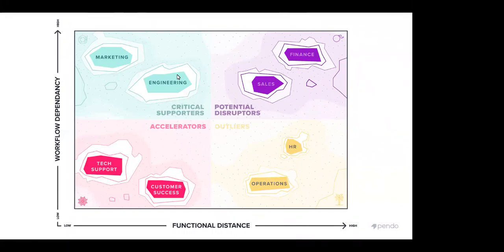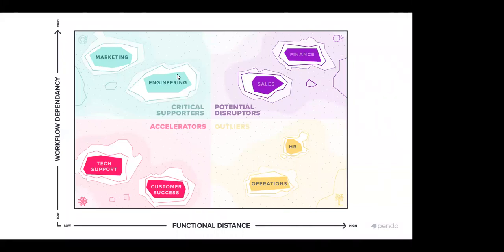They're not functionally close, nor do they create strong dependencies. These are teams that have a little bit of impact on our success here and there, occasionally, but their day-to-day work isn't going to impact us. In fact, a lot of what they do doesn't affect us at all, except in the very periphery of what we do.